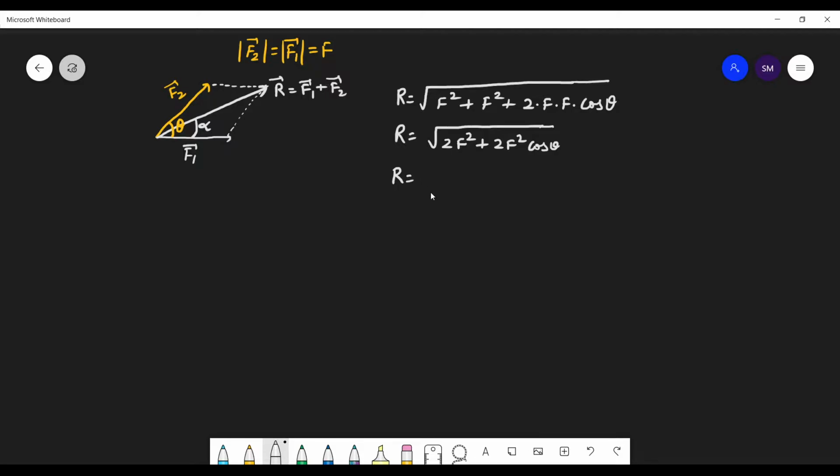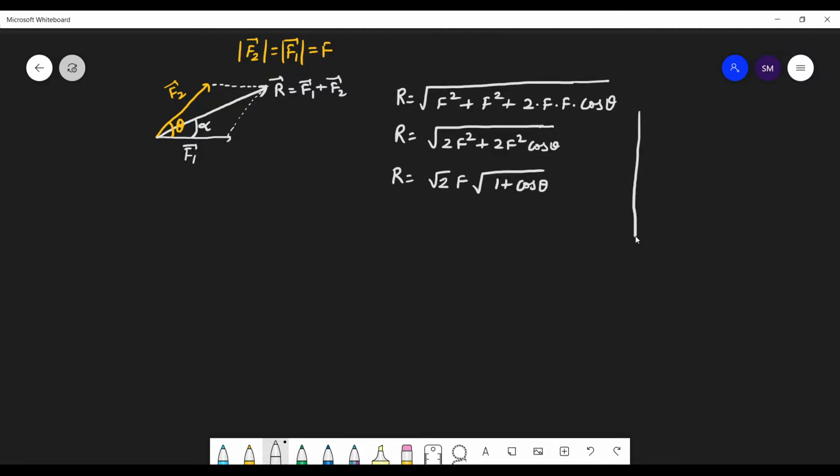And this can further be written as, so F square is common, so I can write, even if I want to take 2 common, so I have to take root 2 common actually. So root 2F I can write outside. And what will be inside? 1 plus cos theta.